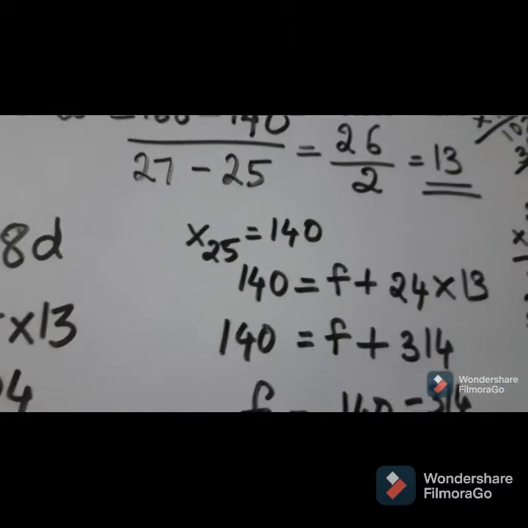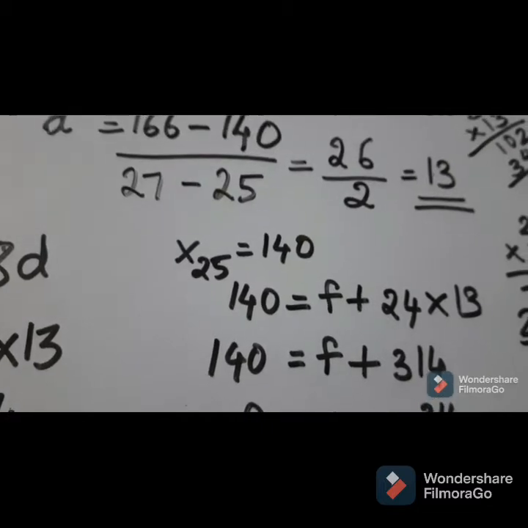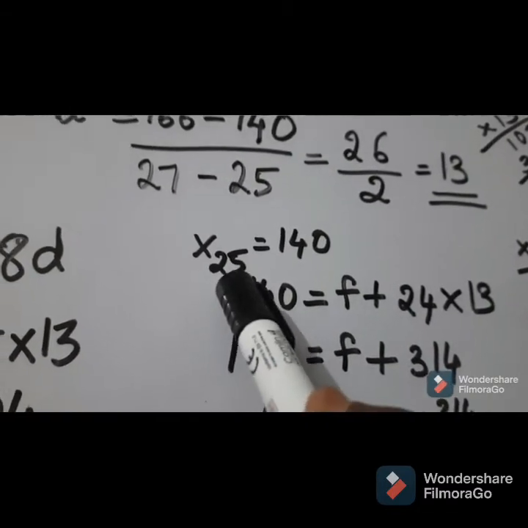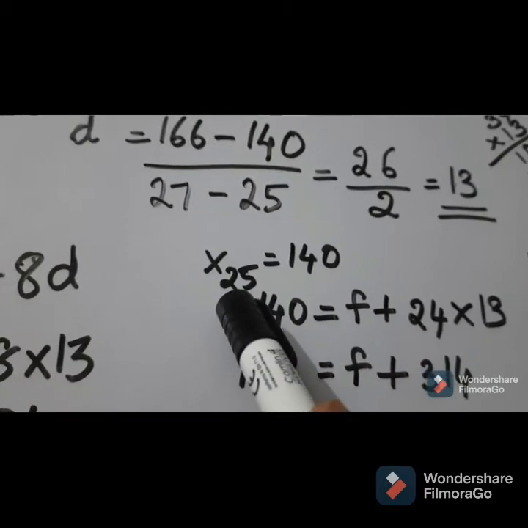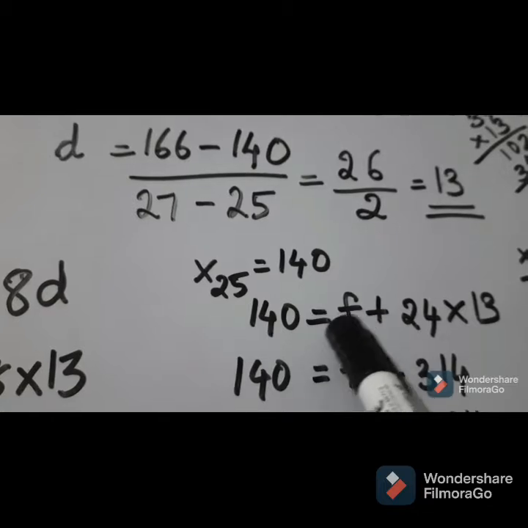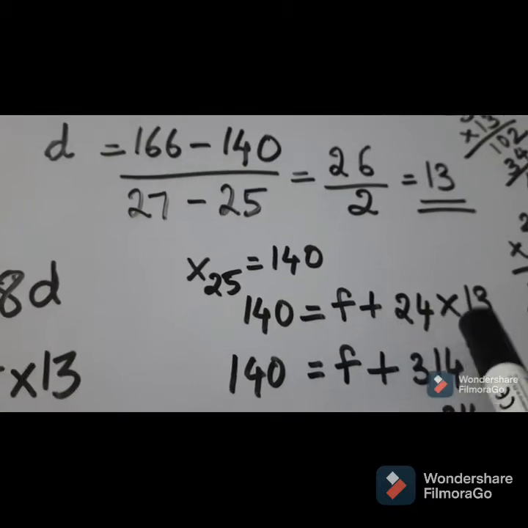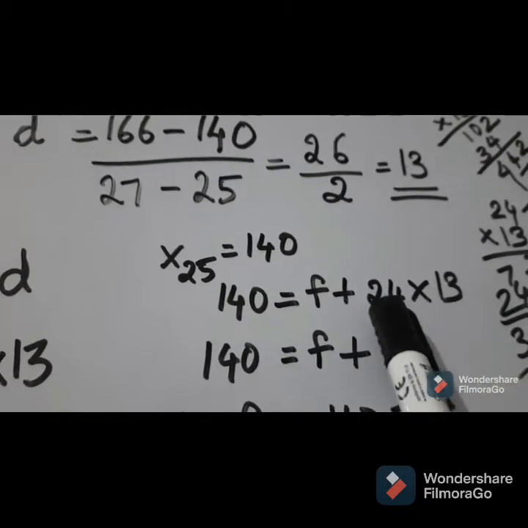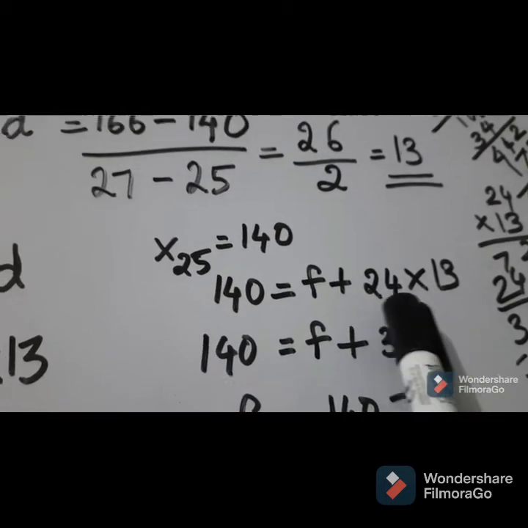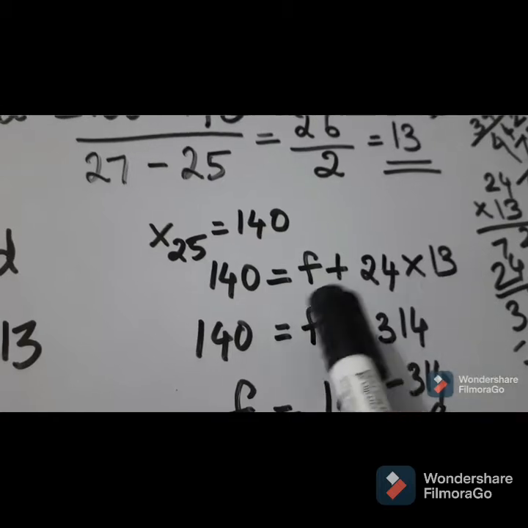We can do it in another method by finding the first term. For that, x25, that means the 25th term, is 140. 140 is equal to first term plus n minus 1 into d. n is 25, 25 minus 1 means 24, 24 into 13.